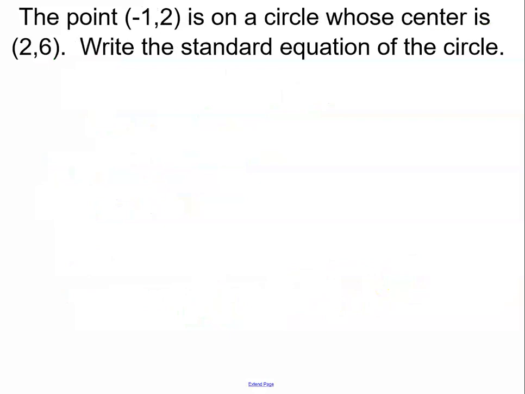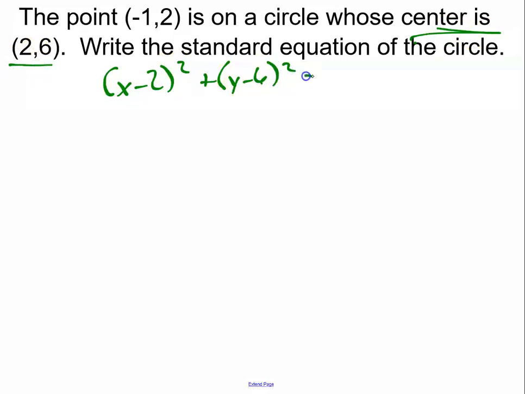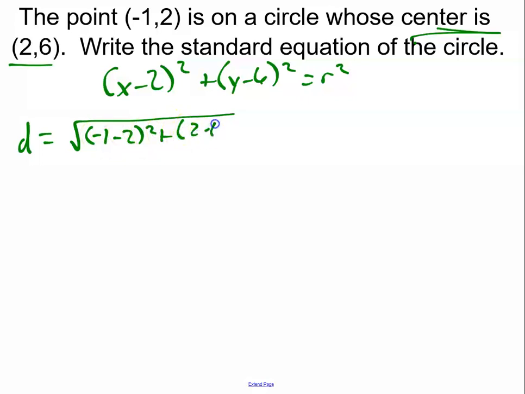All right, another one, same as the last. Find your center. And then we have to figure out what our radius is by using the distance formula. Negative 1 minus 2 squared plus 2 minus 6 squared.